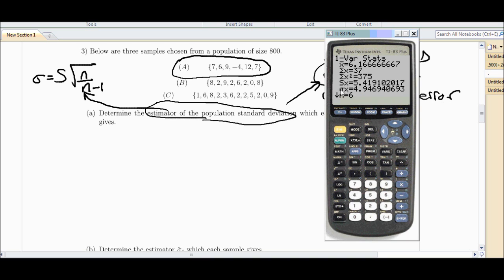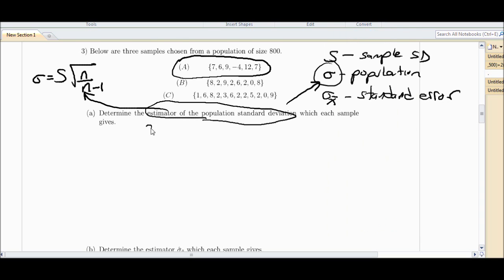And remember, we always use this one when doing it in the calculator. So 4.947. Okay. So S is 4.947. Again, this is for A. The mean was 6.16, but unless you're using the long formula for the standard deviation, you don't need to know the mean. Alright, so that's my standard deviation.